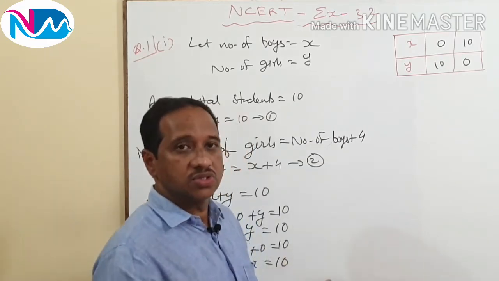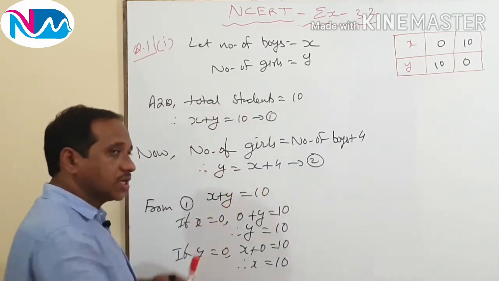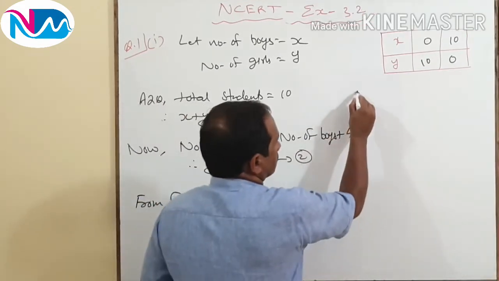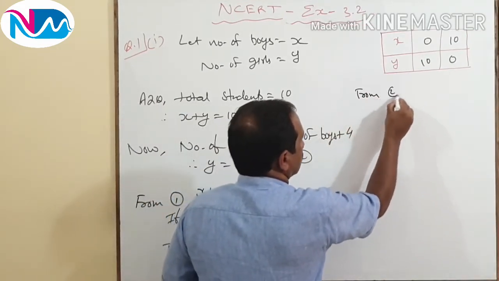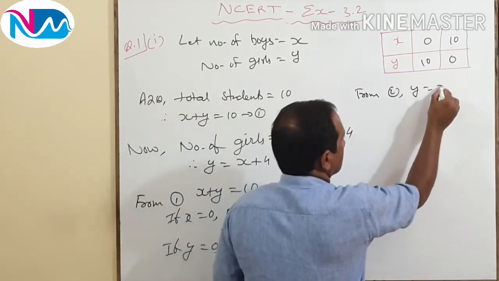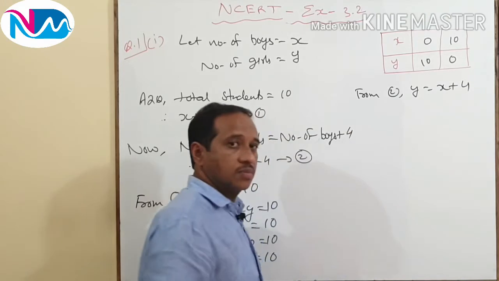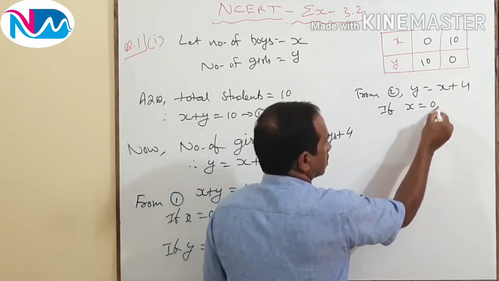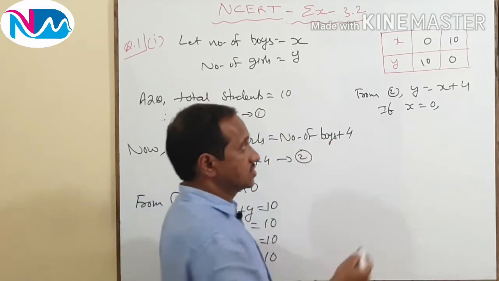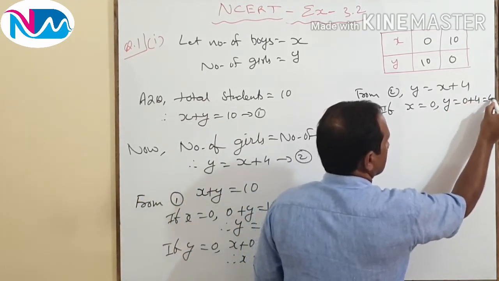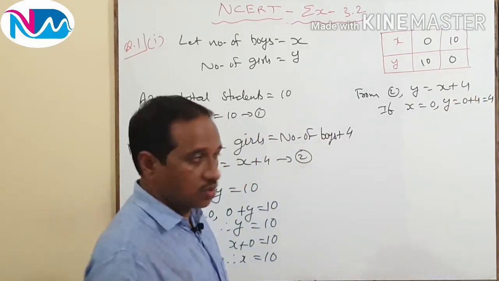Now we have to solve the next equation and find two solutions. From equation 2, we have y is equal to x plus 4. Here also, if x is equal to 0, y is equal to 0 plus 4, which is equal to 4.